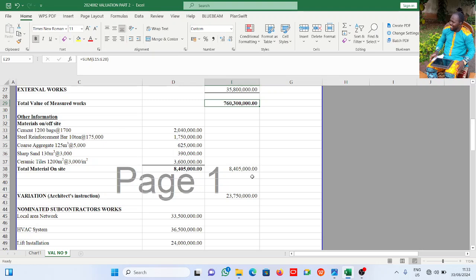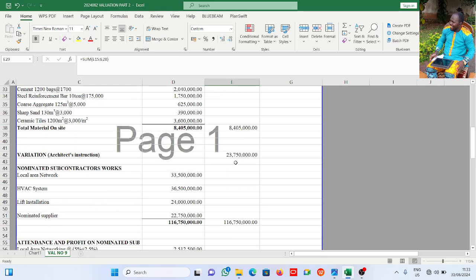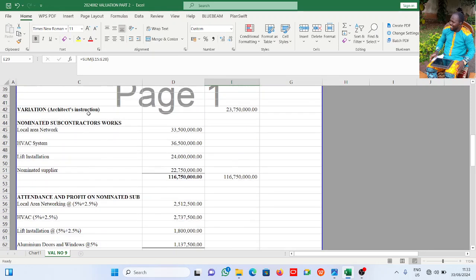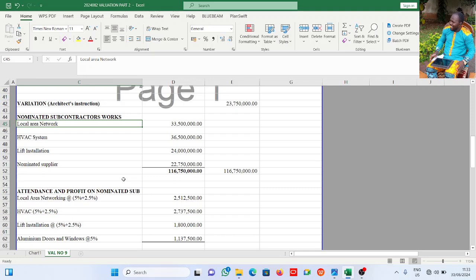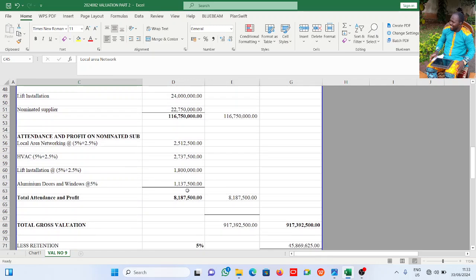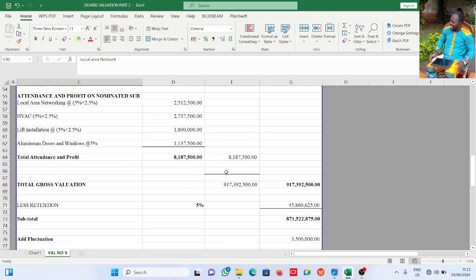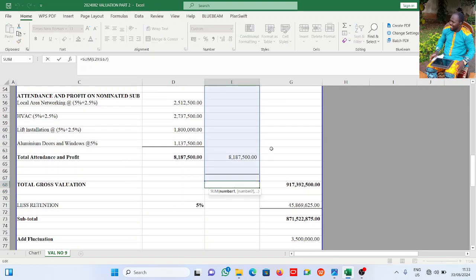So depending on the work you are carrying out or the project you are in, if there are materials on and off site, this is how you treat them. You have variations, this is how you treat them. Variation might be many, it might not be just one. It could be variation on doors, variation on windows. You add everything up. Nominated subcontractors, you have them here. Their profit and attendances also, you include them. Now you have your gross valuation.